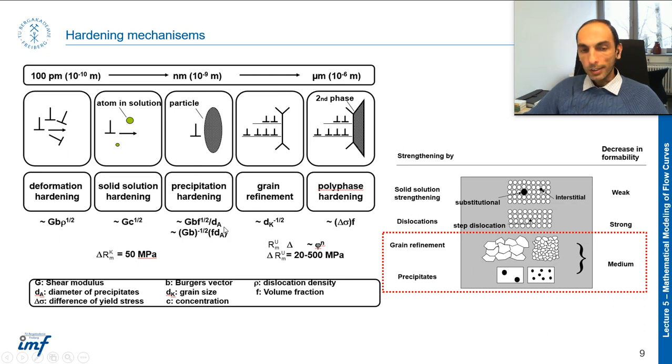Because later we will talk about the different approaches of modeling. And one of the approaches is the physical based models, where you formulate equations for example for dislocation density and other parameters to obtain the flow stress.